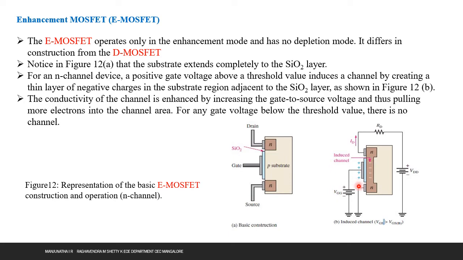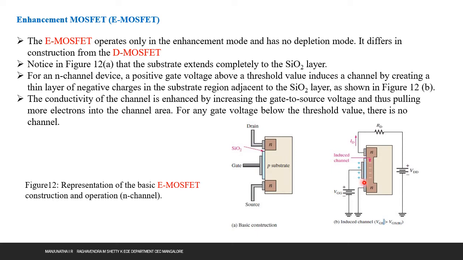Since we are giving this positive VGG to the gate, the positive charges will be accumulated at one side of the silicon dioxide layer. The silicon dioxide layer is an insulator. For better understanding, we can compare this silicon dioxide layer to a capacitor.